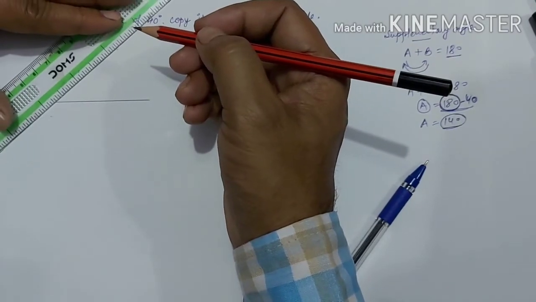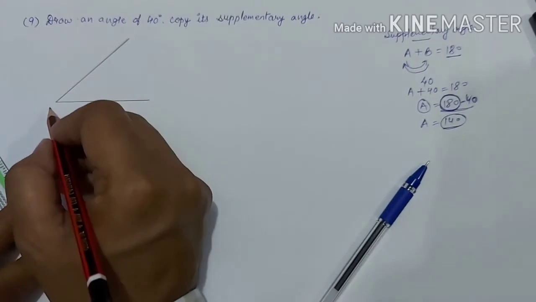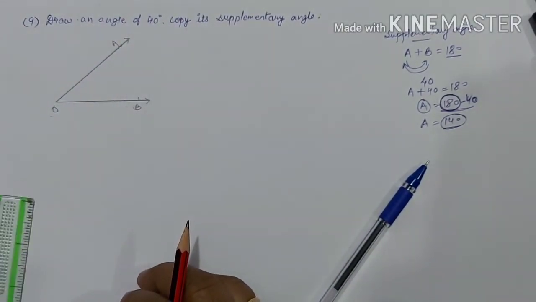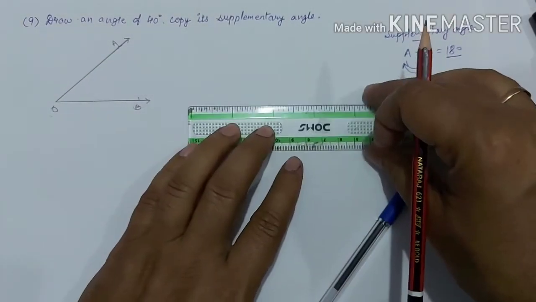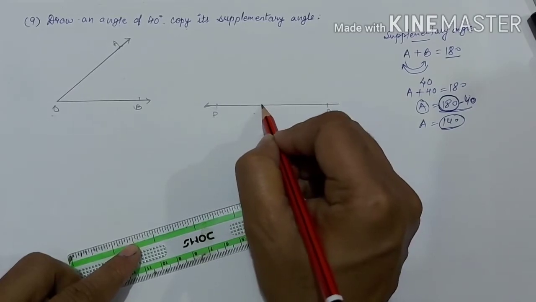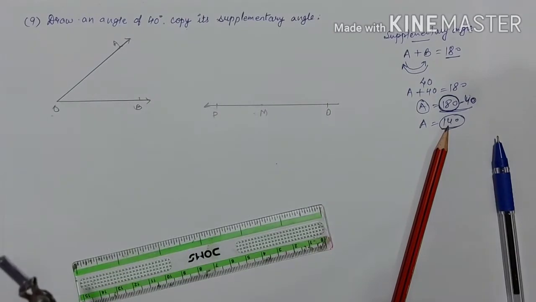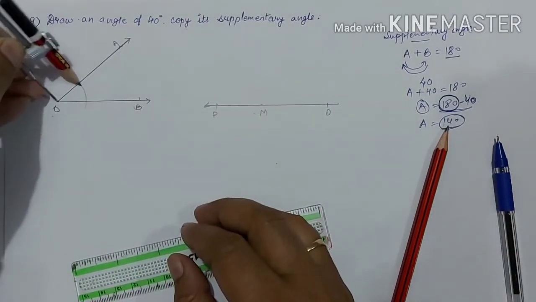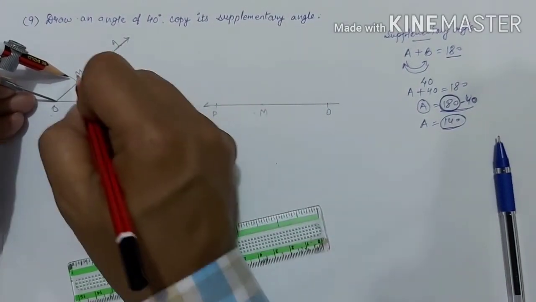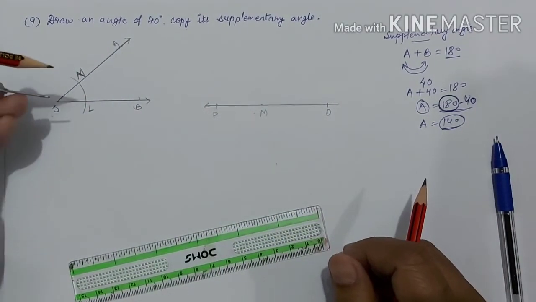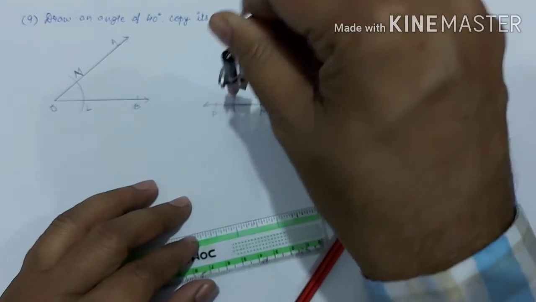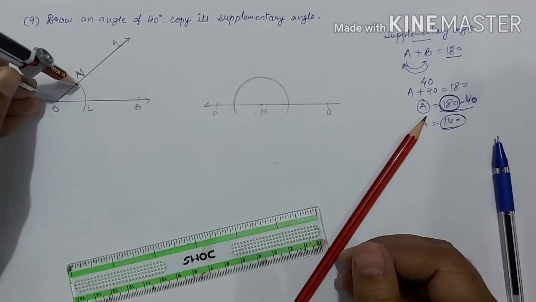Now name the points O, B and A. Now to copy the supplementary angle, first draw a ray PQ and a point M. Use the compass, the pointer at O, and mark an arc, named L and N. The same radius will be marked on this arc, no change in the radius.